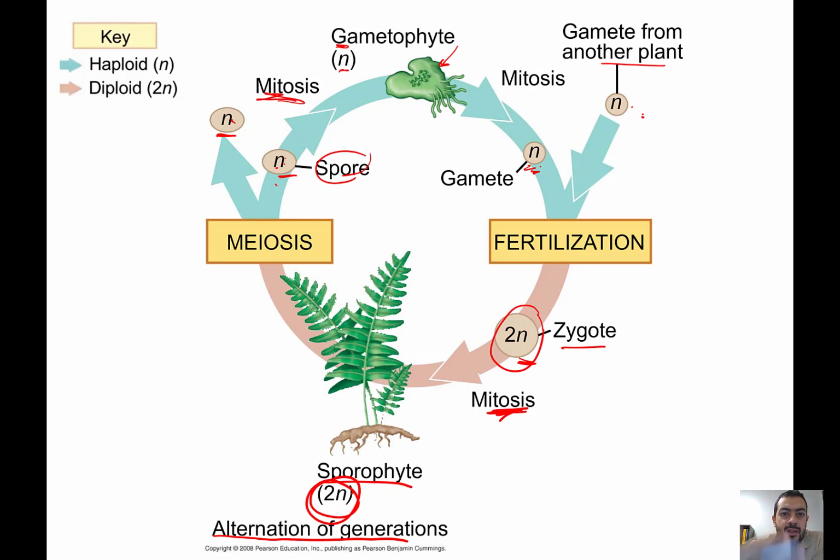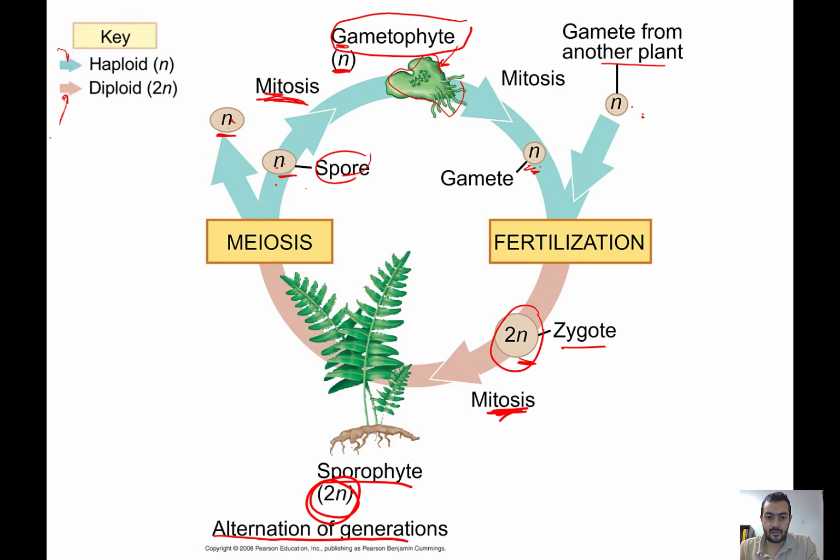So with multiplication of cells, we will end up with the gametophyte, which is a multicellular structure. Again, it is haploid because mitosis maintains the chromosome number. As you can see here in the key, all the parts shown in this green color are haploid structures. Those in this light brown color are the diploid structures.